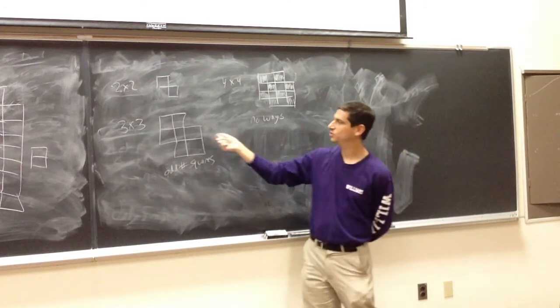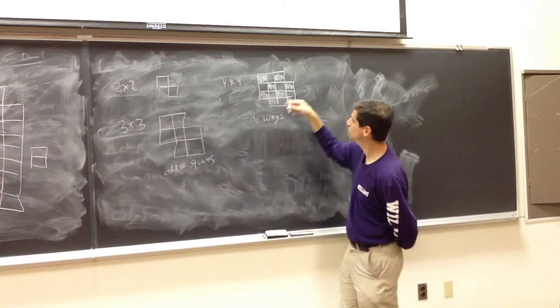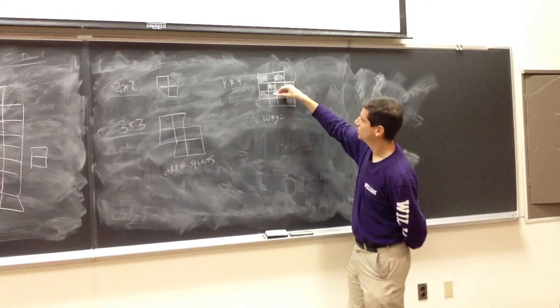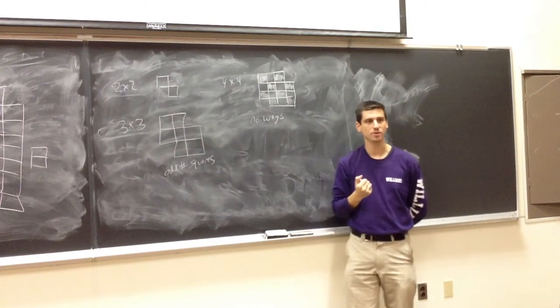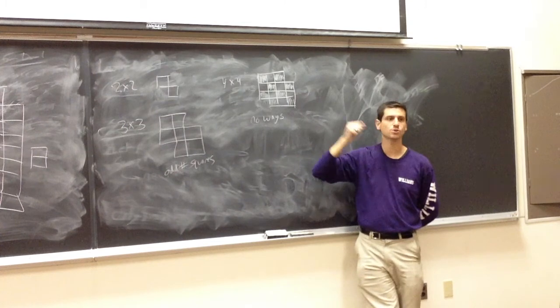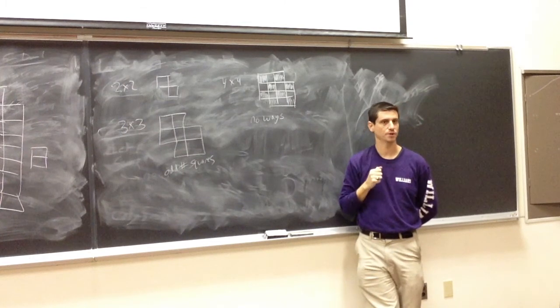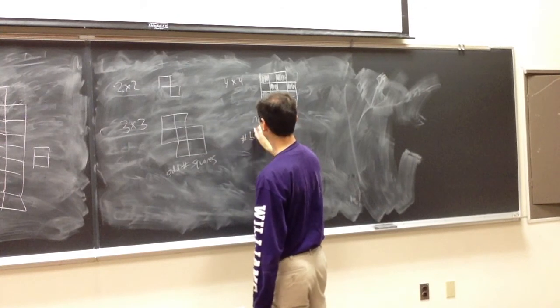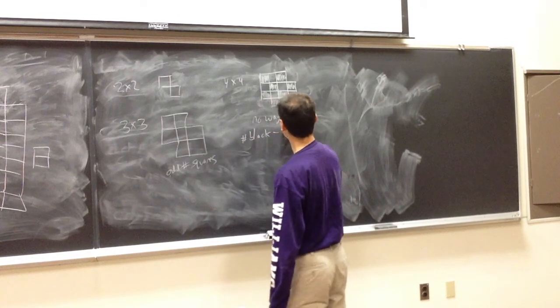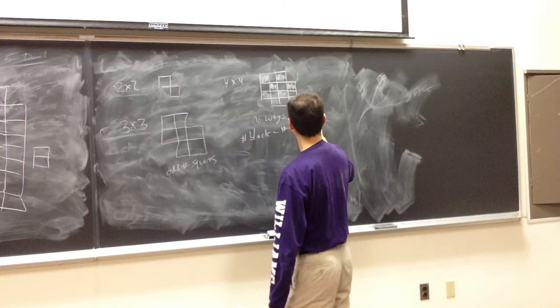When you put a domino down, no matter how you put it, you have to get one black and one white square. So every time you place a domino, you remove one white square, you remove one black square. So the monoinvariant is the number of black squares minus the number of white squares.